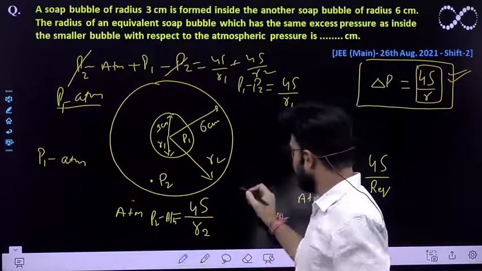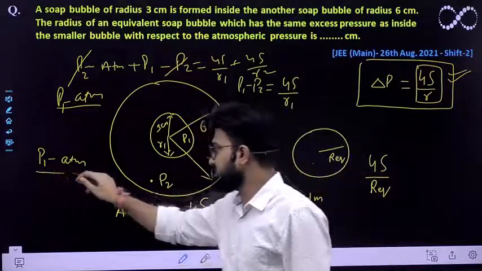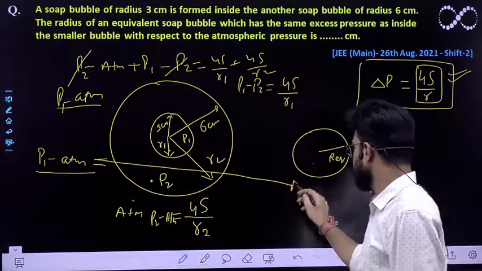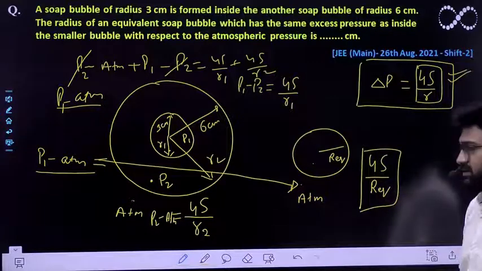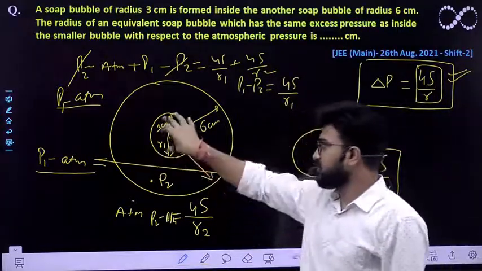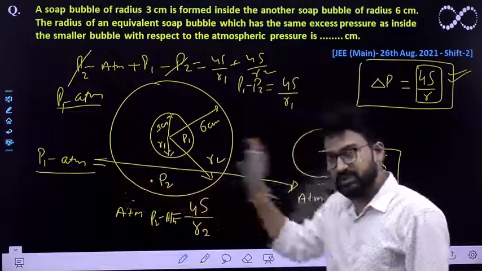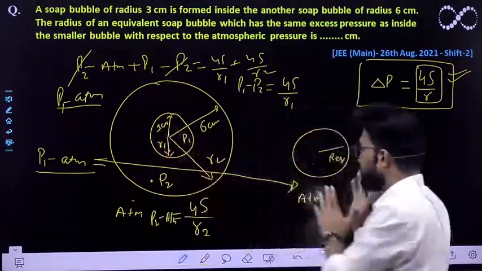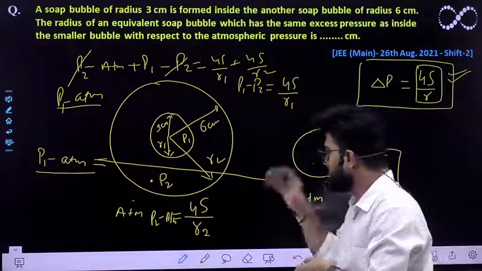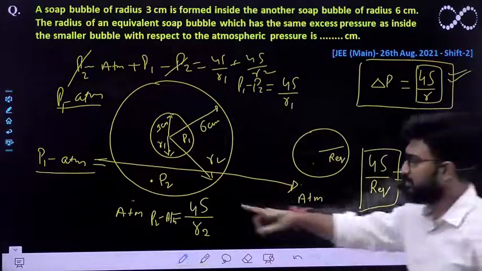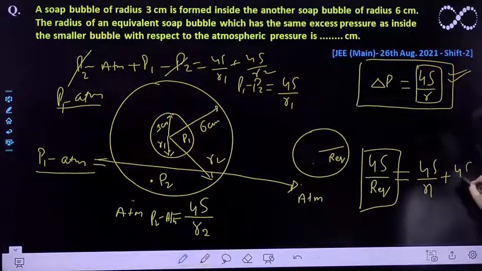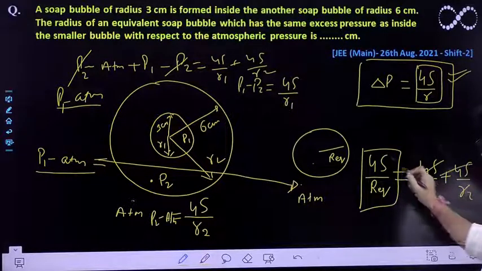Now what if I take only a single bubble, so that the excess pressure inside it as compared to the outside is equal to this? So we equate this to P1 minus ATM, which is 4S by R1 plus 4S by R2. The 4S cancels out.